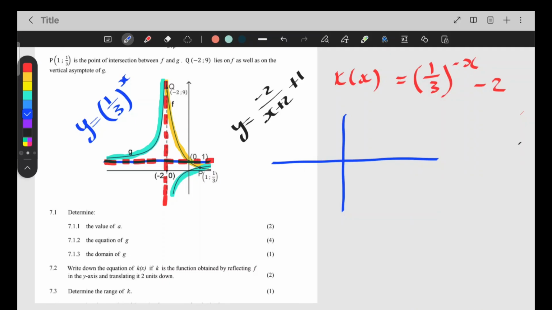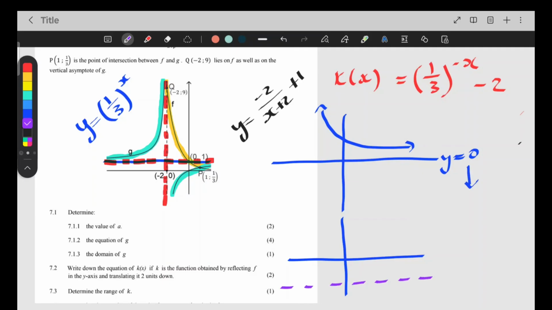The asymptote of the original graph was the line y is equal to 0. But now it shifted 2 units down. So now the new asymptote is here. This line is y is equal to negative 2 because it shifted 2 units down. So now the range is y is greater than the asymptote, so negative 2. And that's the asymptote of the new graph of k of x.